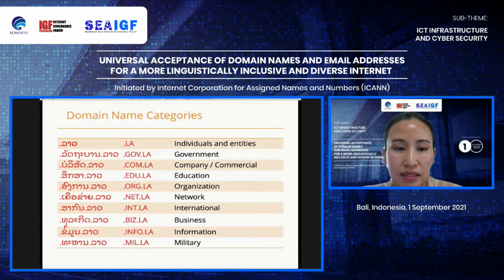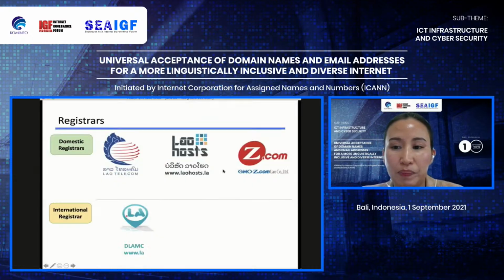Next slide, please. We have three domestic registrars, and one of them is set.com, which is quite a famous registrar in Japan. For the overseas market, we already have one international registrar. Next slide, please.